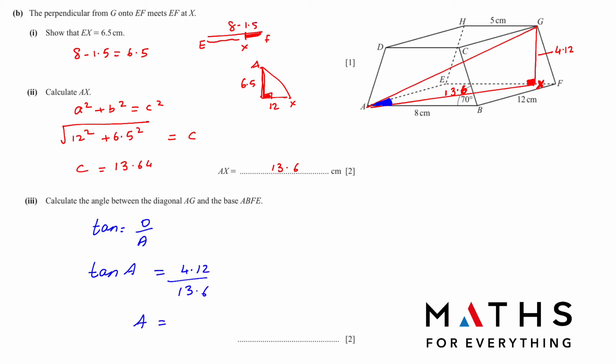Therefore, A is equal to tan inverse 4.12 over 13.6. That will give us that angle A is equal to 16.85. You can round it to 1 decimal, 16.9.